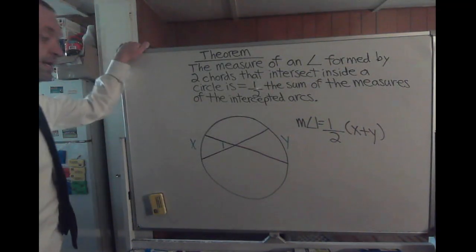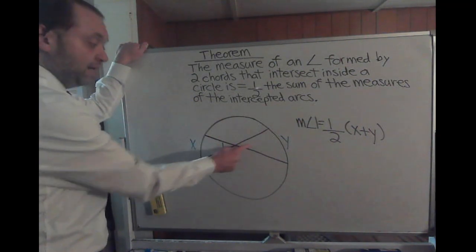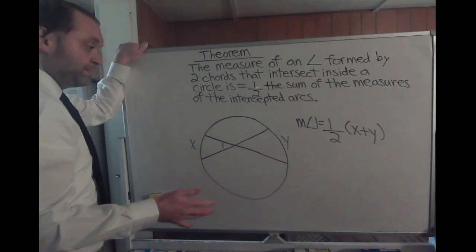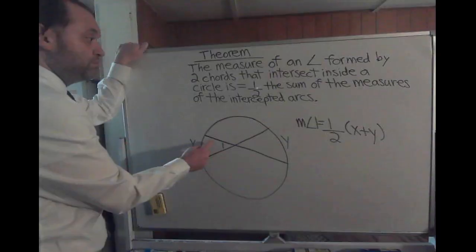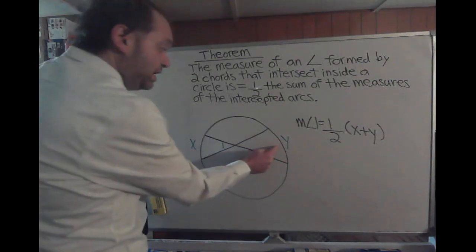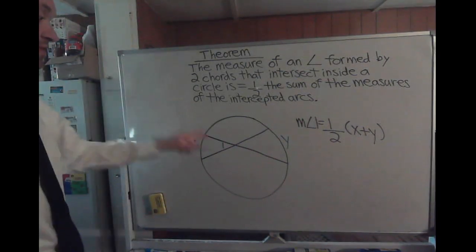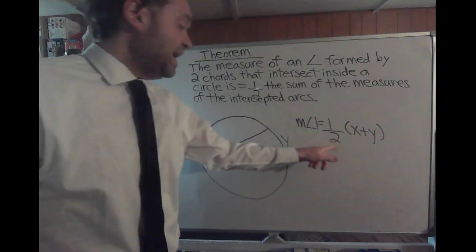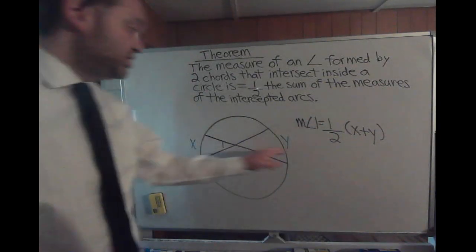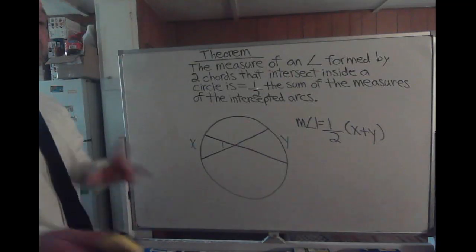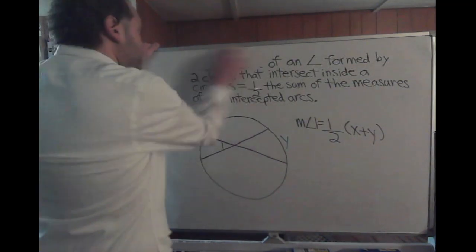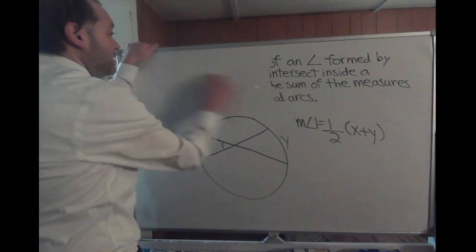So here you have angle 1 formed by two chords that intersect. Well, it intercepts both arcs x and y. In order to find the measure of angle 1, you would take half of the sum of these two arcs. That's all that theorem states, and we're going to do some exercises real quick here to illustrate that point.